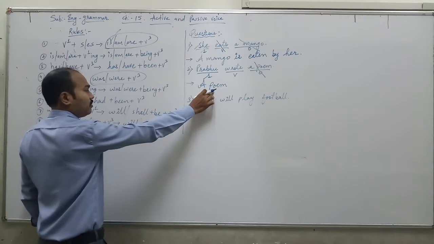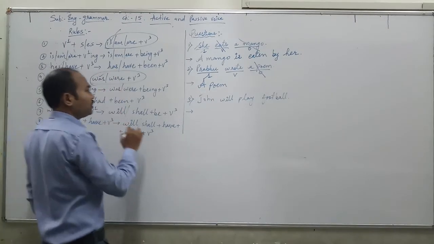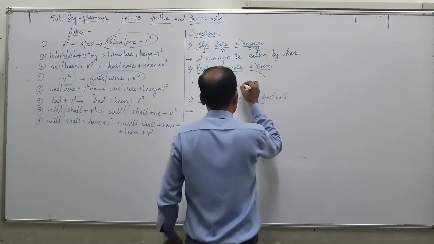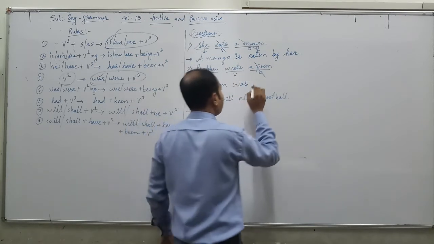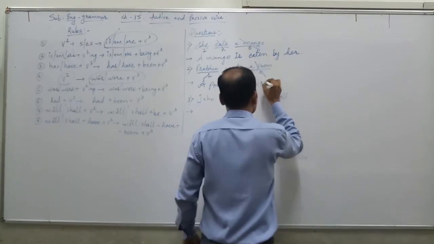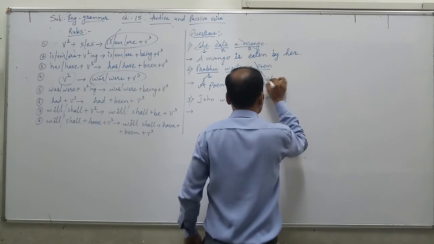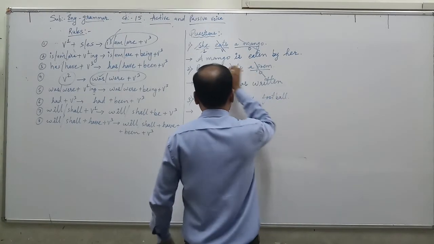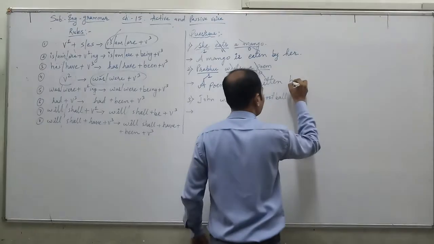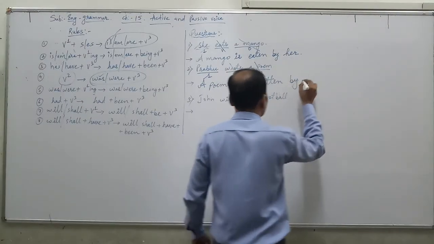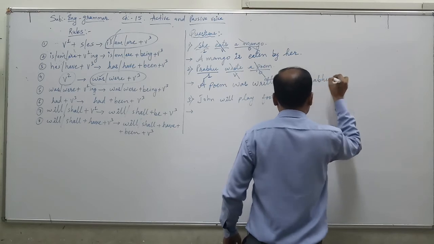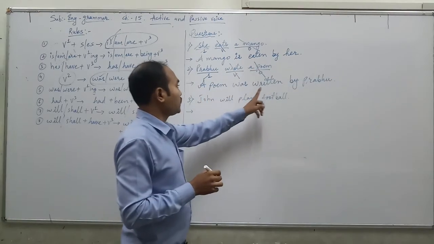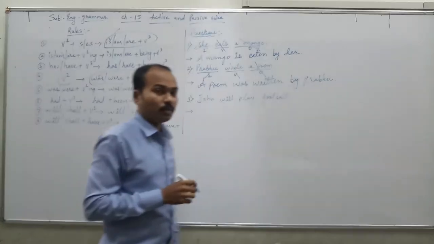Poem is a singular subject. We will use was. A poem was. Then the third form of the verb wrote is written. Then the subject. Before writing the subject, we will write by, and then we will write the noun, Prabhu. A poem was written by Prabhu.